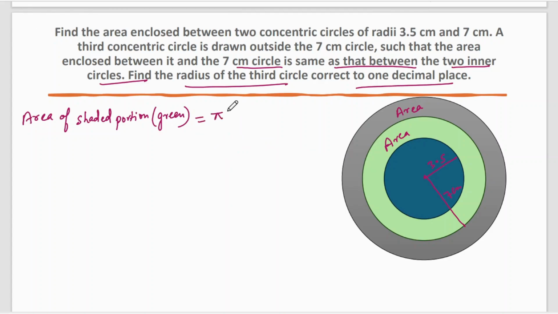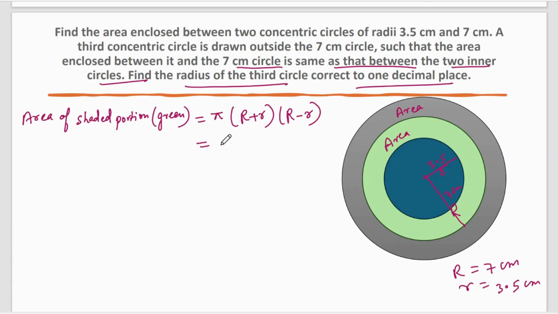That is pi (R plus r)(R minus r). Here capital R is 7 centimeters and small r is 3.5 centimeters.